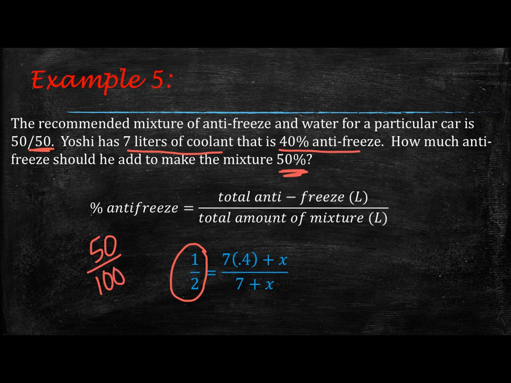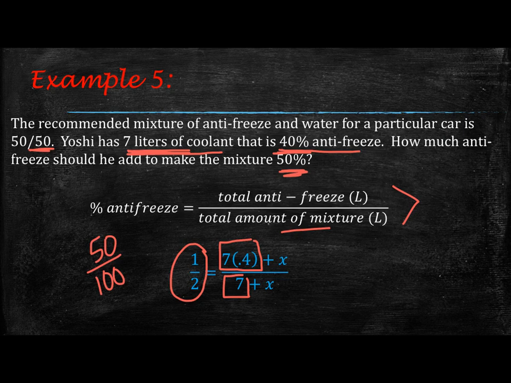Now, it says that we have 7 liters of coolant that is 40% antifreeze. So that's where this comes from: the 7 liters times 40%, so 0.4. The total amount of mixture that we have is 7, okay? So this formula is taken into consideration right here.